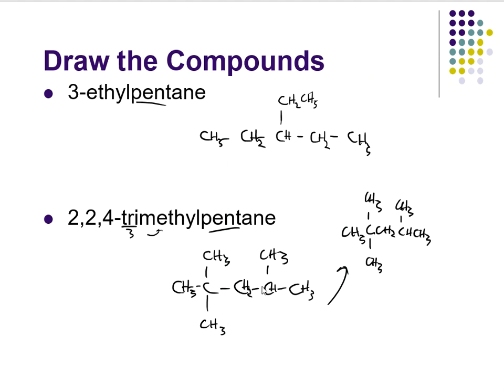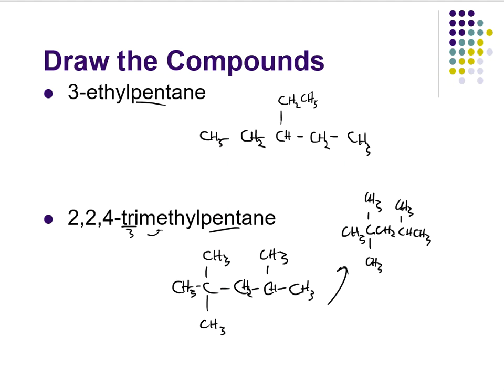So if you want to clean it up, you're more than welcome to do that. And that's what that would look like. All right. So there's 2 more examples going from a name to a structure. And again, I think people respond to this a little bit better than the other way. All right? Okay, now we're not done.